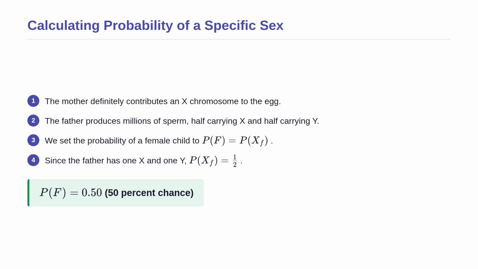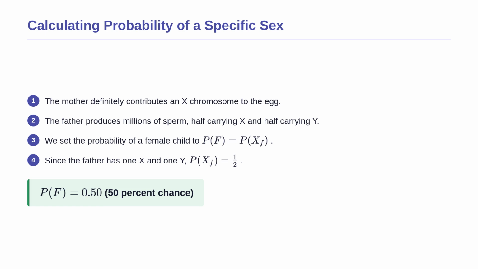Now that we have our formula, let us apply it to a very common question. What is the exact probability that a couple's first child will be a biological female? We know the mother definitely contributes an X chromosome, so we only need to look at the father's contribution.